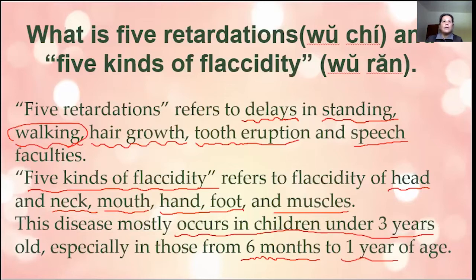Before 6 months, the children aren't standing yet or walking yet, so parents may not find it, but the children may have that trouble already. So generally we say the problem is found from 6 months to 1 year old. So that's generally the 5 different kinds of slow and 5 different kinds of weaker.